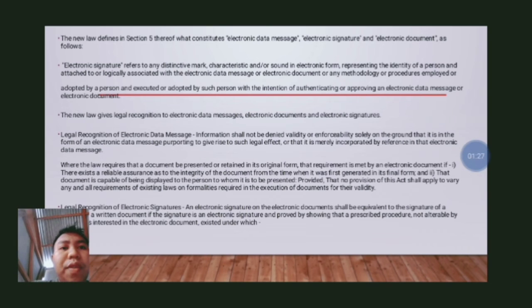The new law defines in Section 5 what is considered an electronic data message, electronic signature, and electronic document.